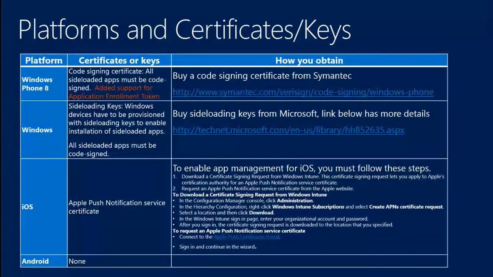Basically, we've heard a lot of feedback that when you're just wanting to try out the service, you don't necessarily want to spend a bunch of money on a code signing certificate, and you want to be able to get up and running quickly. So when you specify your code signing certificate and public key information, that will generate an AET that you can then use instead of the code signing certificate.